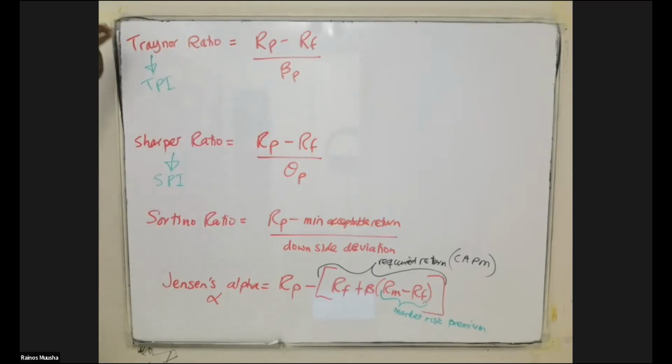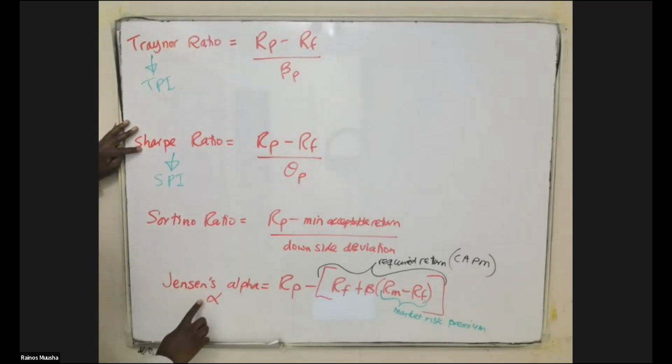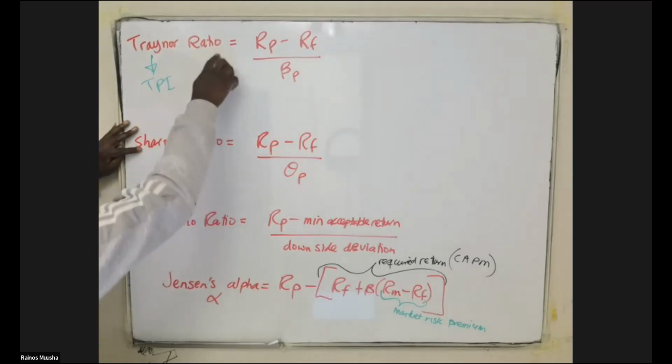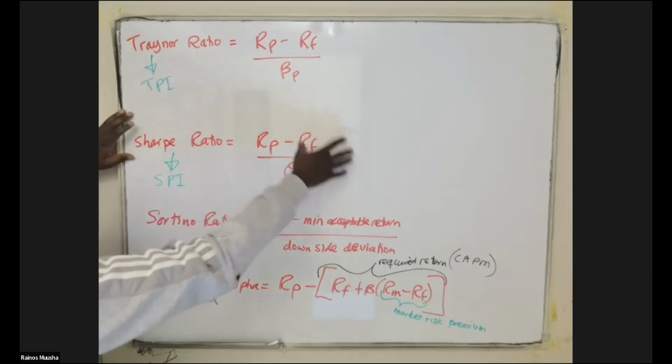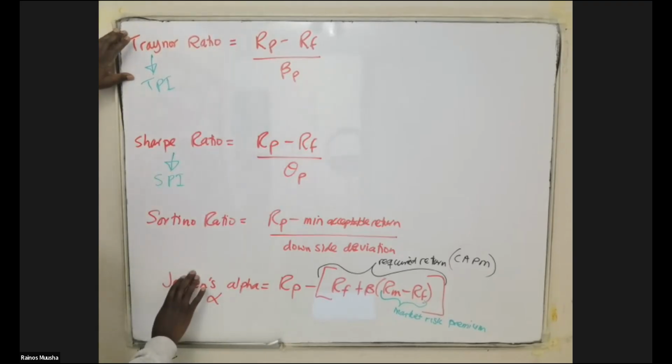Whenever the Treynor ratio, the Sharpe ratio, and the Jensen's alpha clash, your choice is going to be based on the Sharpe ratio. Maybe the Sharpe ratio gives you a certain conclusion, and the Treynor and the Jensen's give you a different or opposing conclusion.